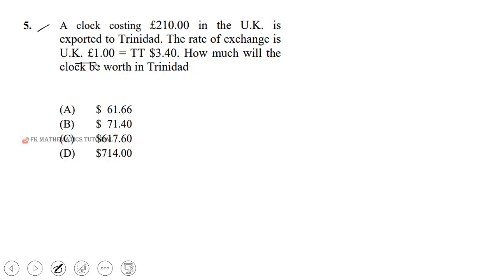So we have UK pound. £1 will be equal to 3.4 Trinidad dollars.